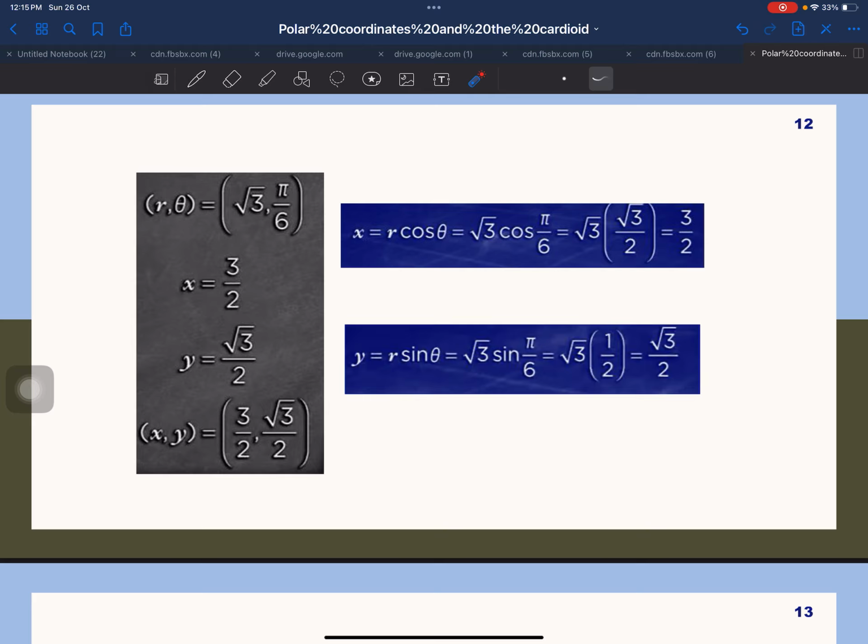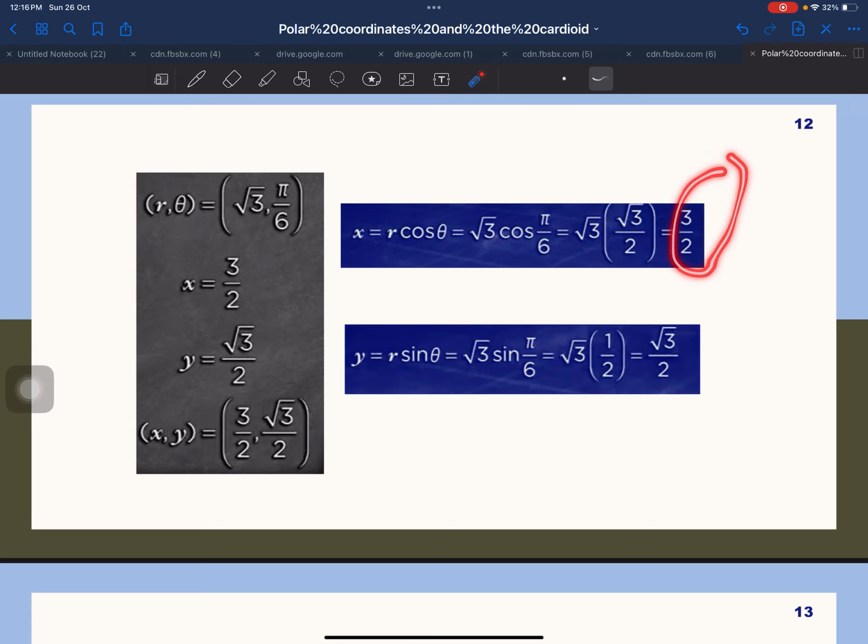Now we need pre-calculus trigonometry; we have to know what cosine pi over 6 is, and that turns out to be square root of 3 over 2. So your x value would be square root of 3 times square root of 3 over 2, which is 3 halves.